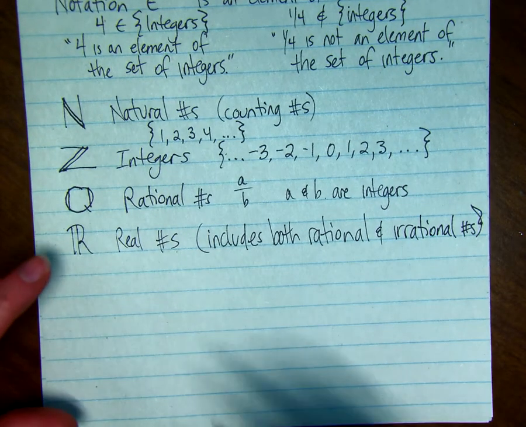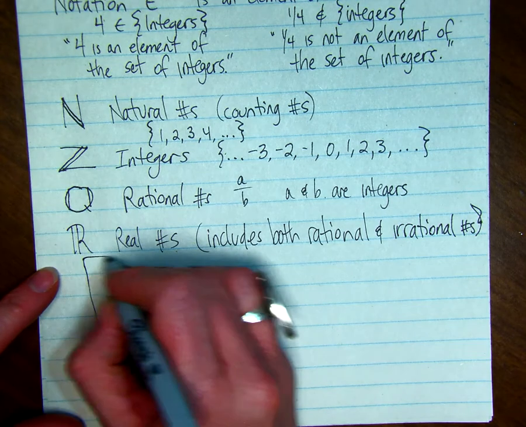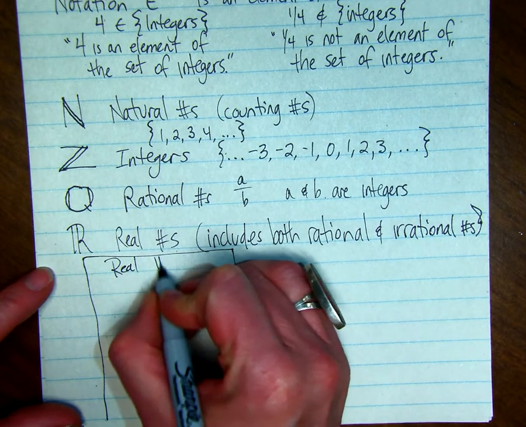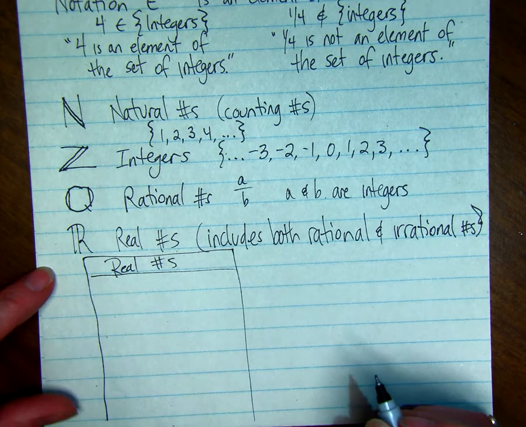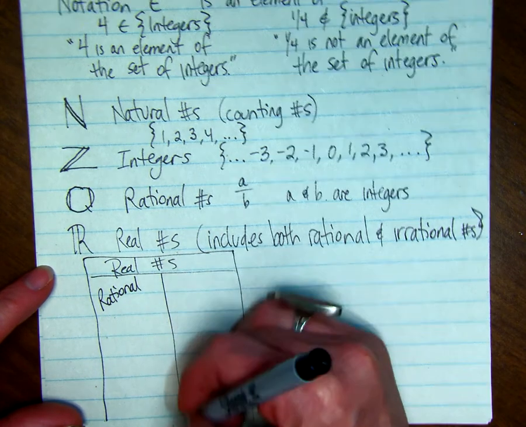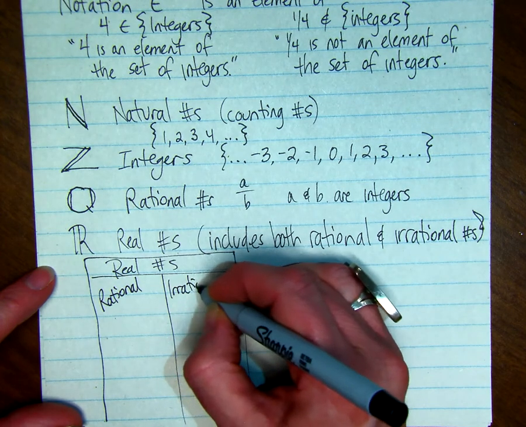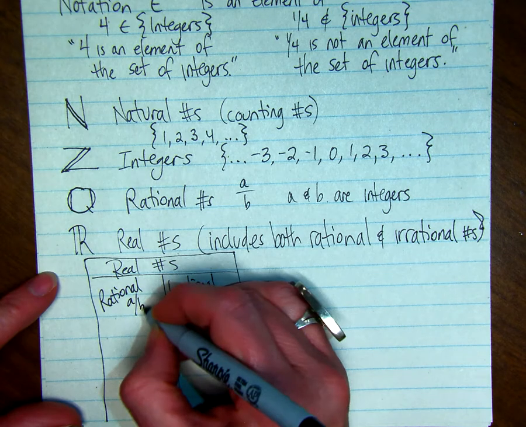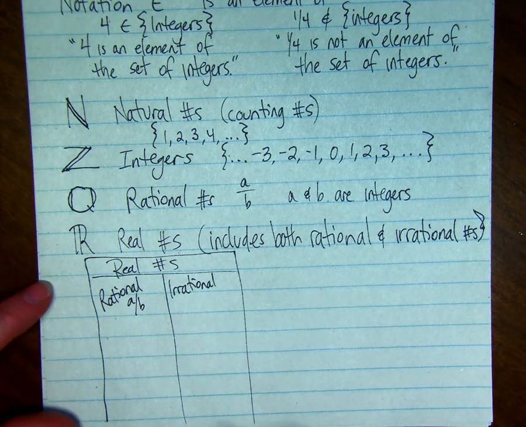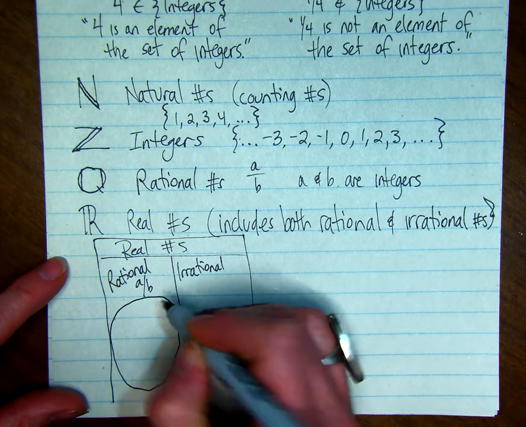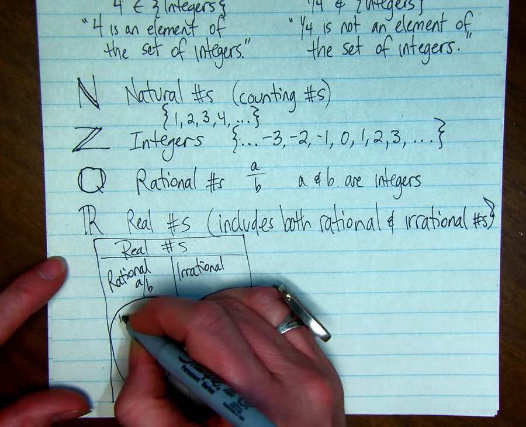So if we were to make a table for real numbers, so this is all the real numbers, we're going to have rational numbers on one side and irrational numbers on the other. Remember, rational numbers are made of fractions. So all integers are going to be rational numbers. Inside here we have integers.